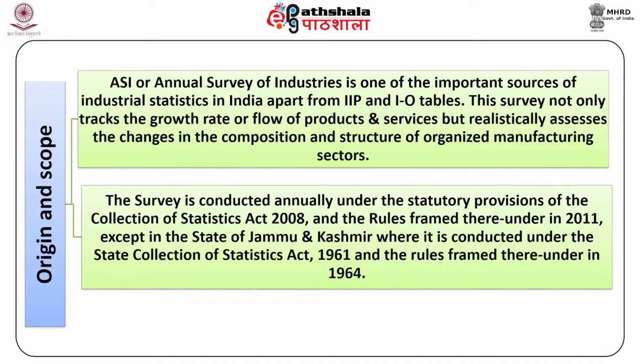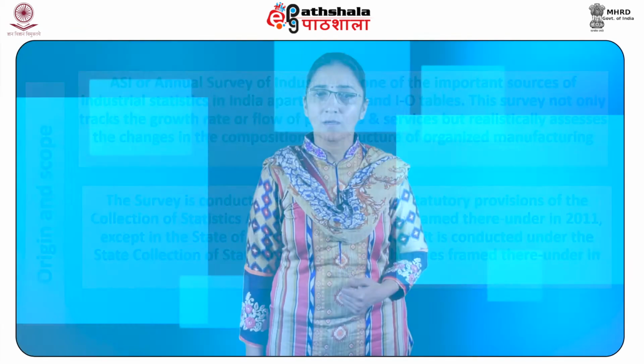The survey is conducted annually under the statutory provision of the Collection of Statistics Act 2008 and the rules framed thereunder in 2011, except in the state of Jammu and Kashmir, where it is conducted under the State Collection of Statistics Act 1961 and the rules framed thereunder in 1964.